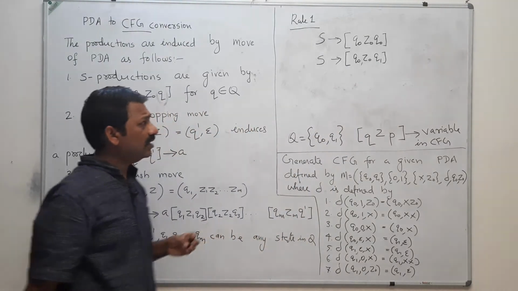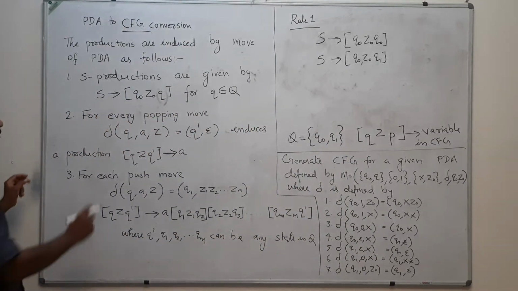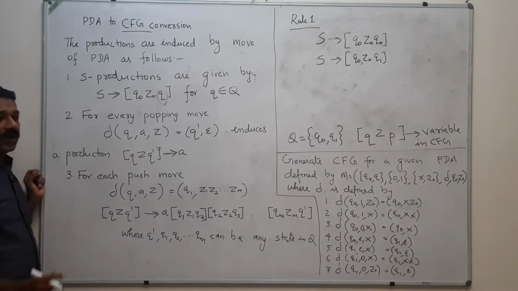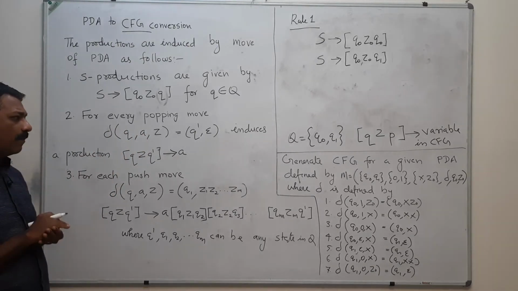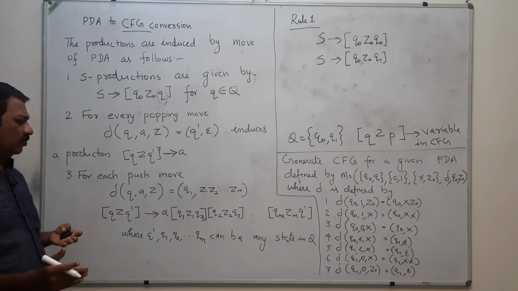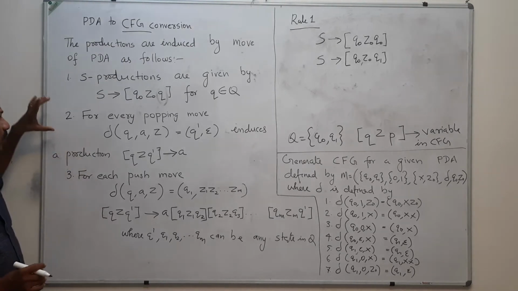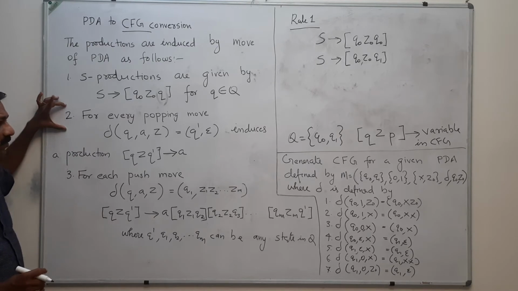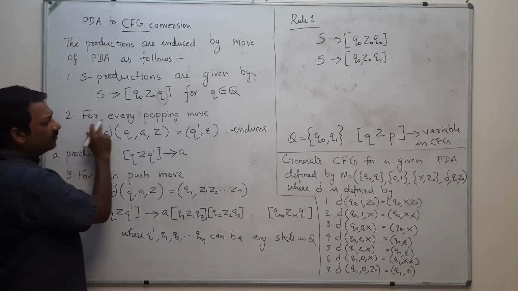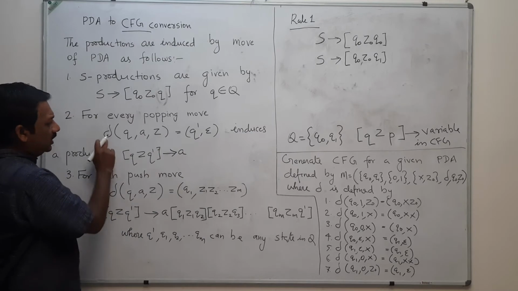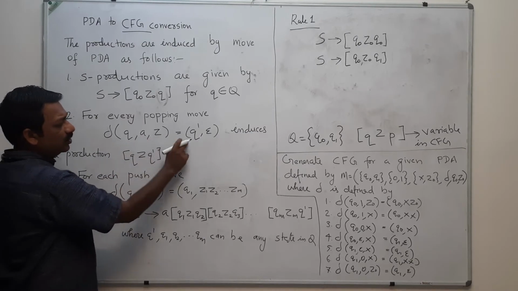Okay. And now for every move you have to find out whether it is a popping move or a push move. If it is a popping move, you have to follow this. For every popping move, delta of (q, a, Z) is equal to (q', epsilon).